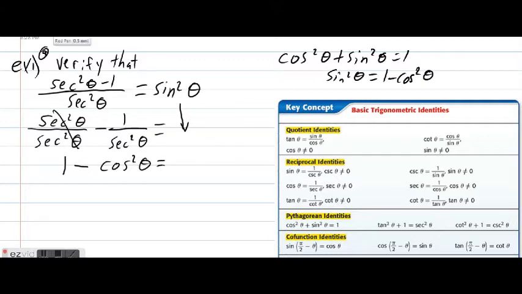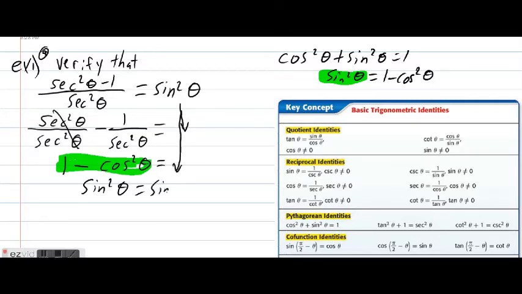Alright, so then I can take this and replace it right here. So then, in fact, I have sine squared of theta is equal to, and I brought all the way down, sine squared of theta. So that identity does check out.